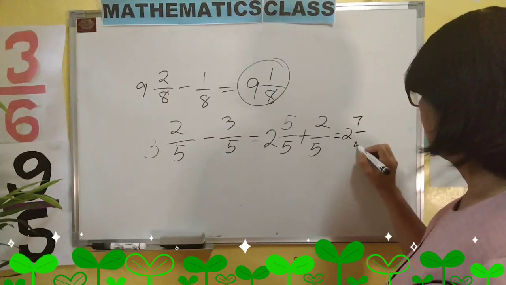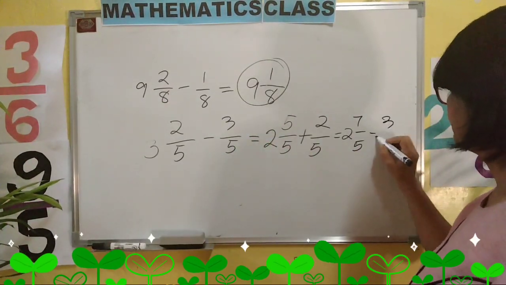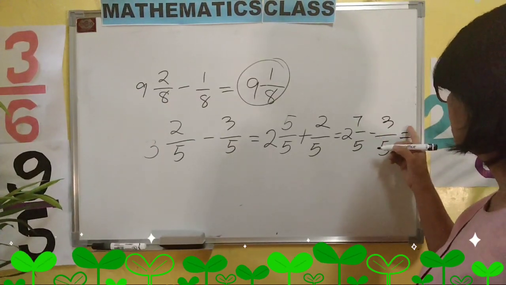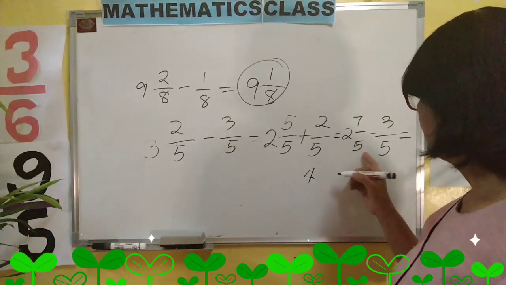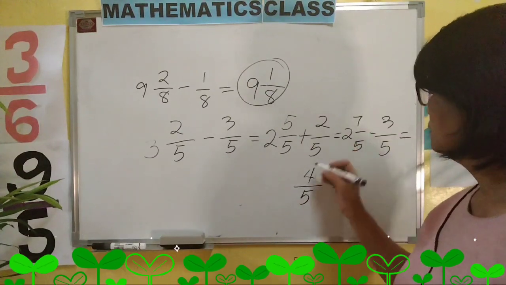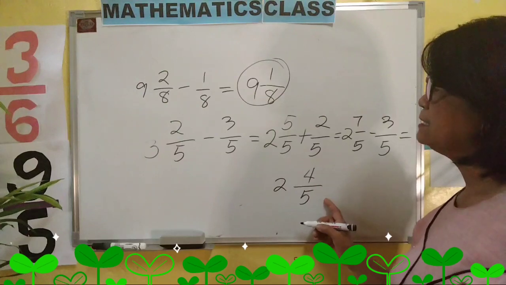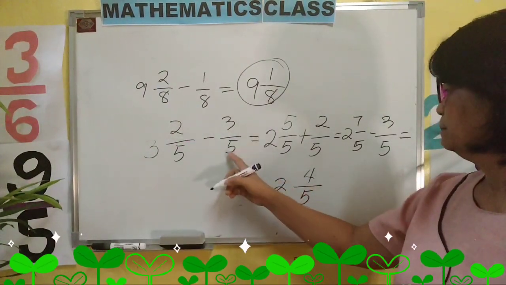There, 7/5. Then we subtract 3/5. Equals 7 minus 3 equals 4. Copy the common denominator of 5. And then write the whole number 2. 2 and 4/5 is the answer for 3 and 2/5 minus 3/5.